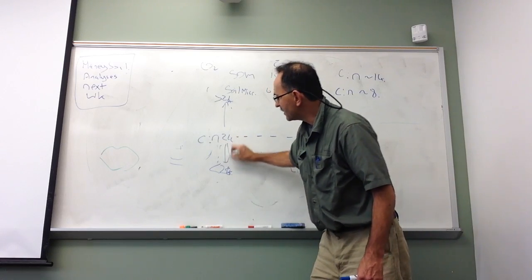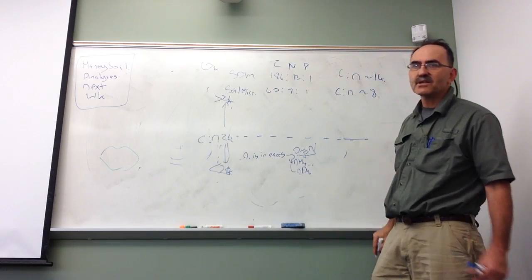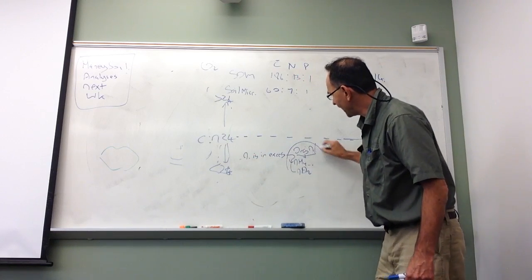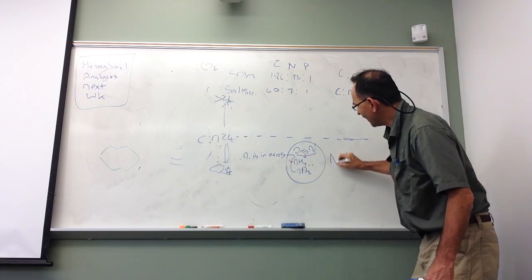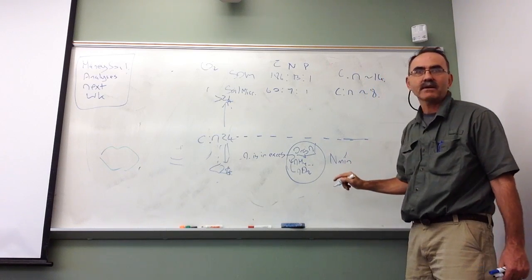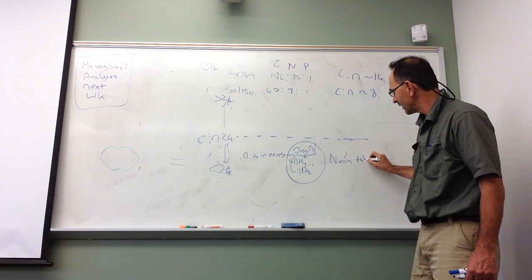Under circumstances where C/N ratios in the soil are less than 24, these become available. We find that N-min, nitrogen mineralization, takes place.